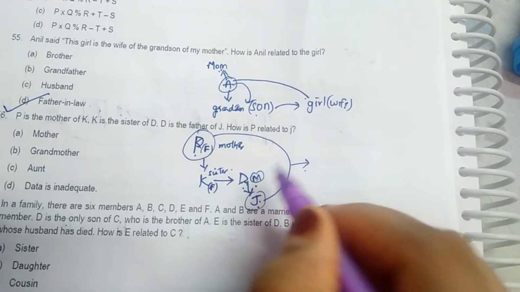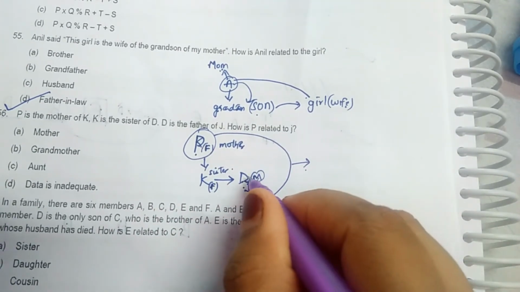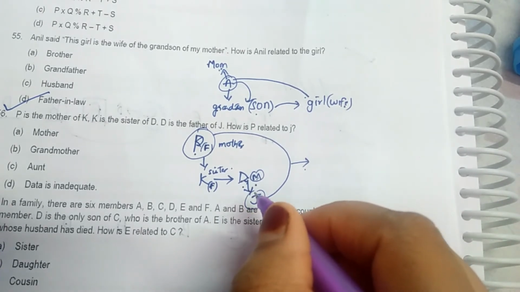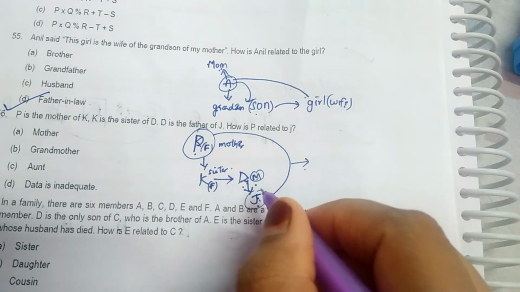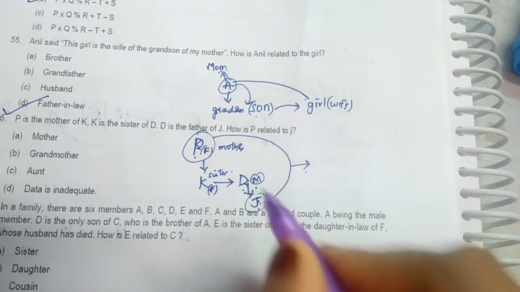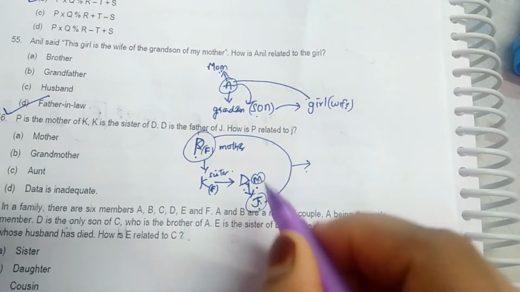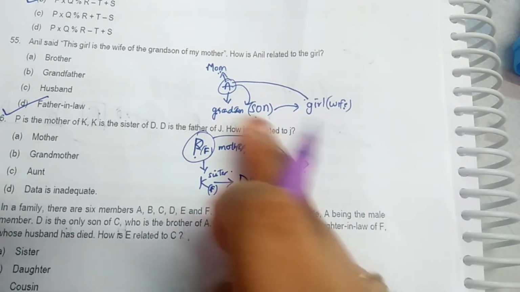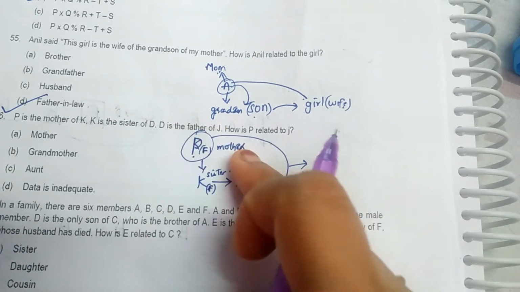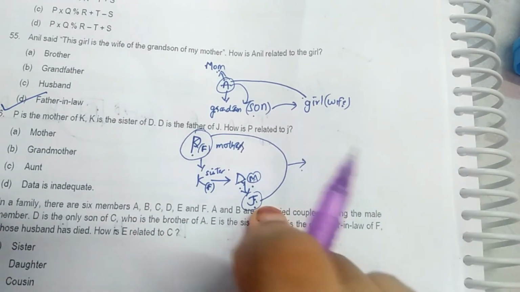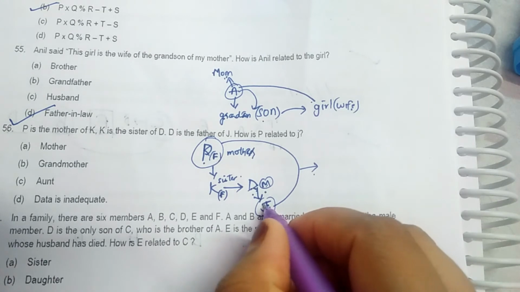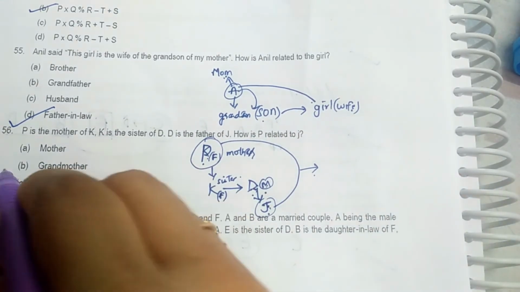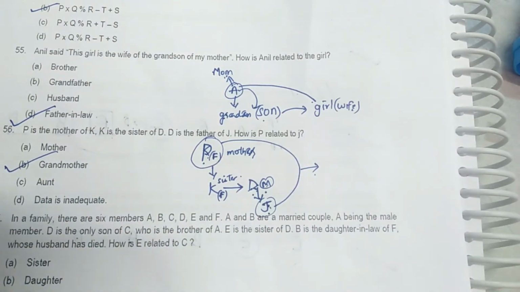Then his son or his daughter, it's not clearly given. P is related to J as grandmother, right? Grandmother, son's daughter or son's son. Okay, this is not important to know, but yes, P is grandmother to J. Answer D.